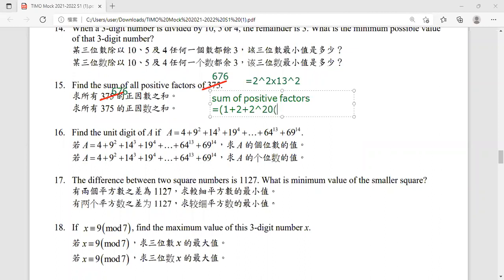And then will be 1 plus 13 plus 13 squared. This one equals what? Is it 7 times what? And then you got the answer. Okay, you got the answer.